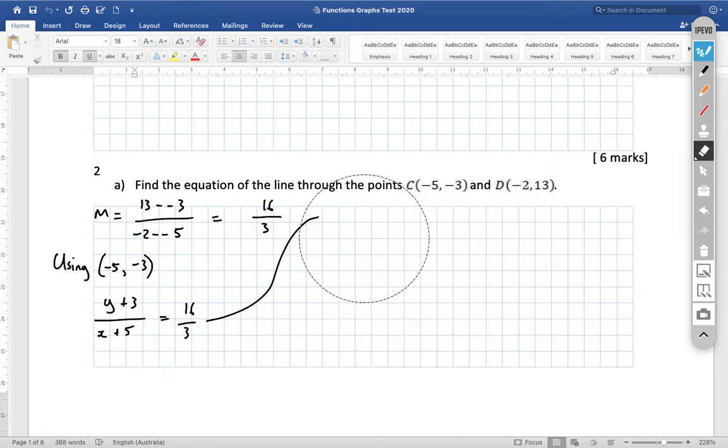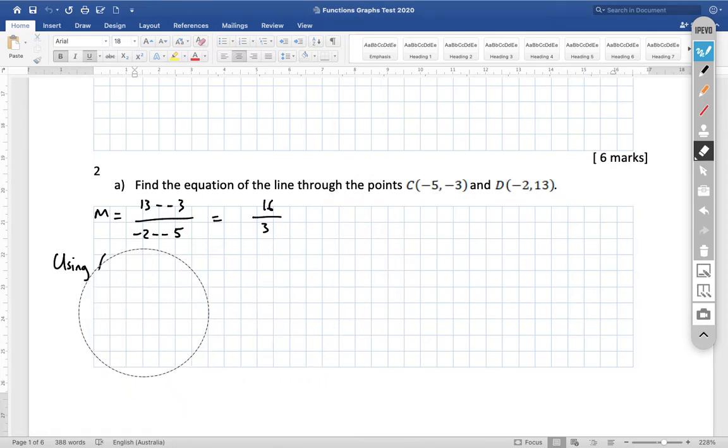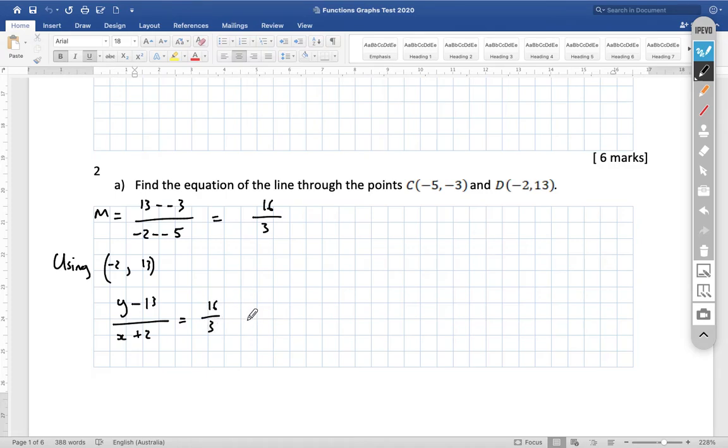Using the other point will not change anything. Or it shouldn't. If it does, something's wrong. Using this point, change in y, change in x equals 16 on 3. Right? Therefore, y equals 16 on 3x plus 2 16 on 3's.